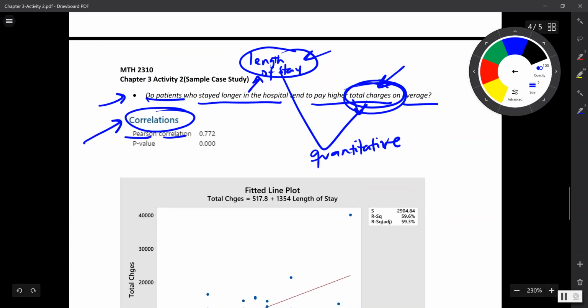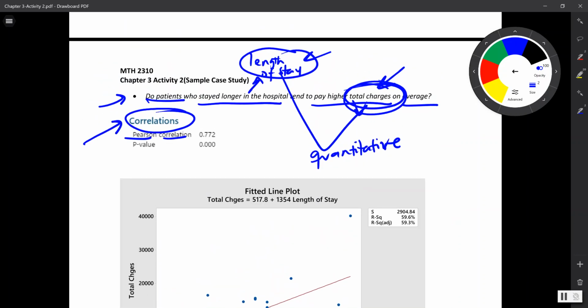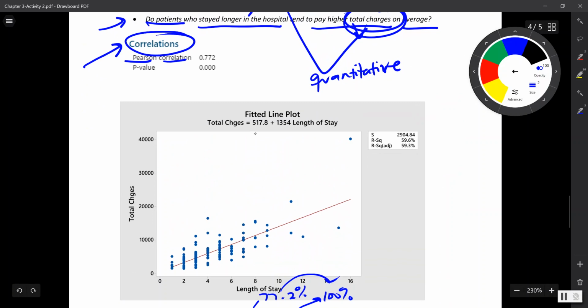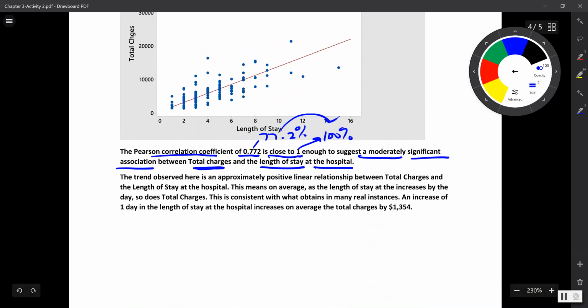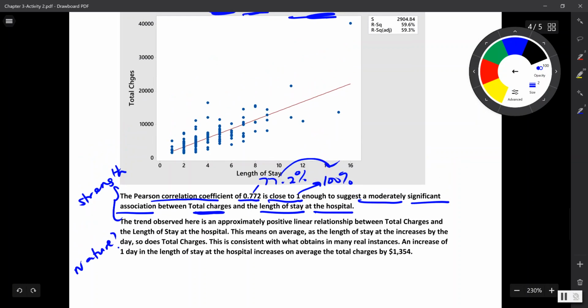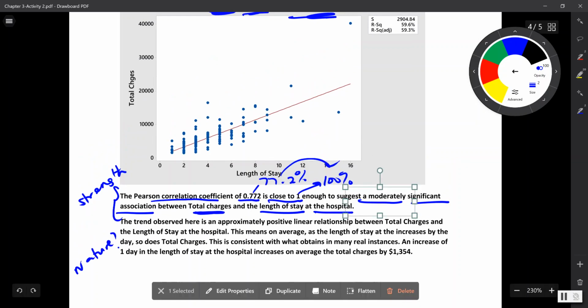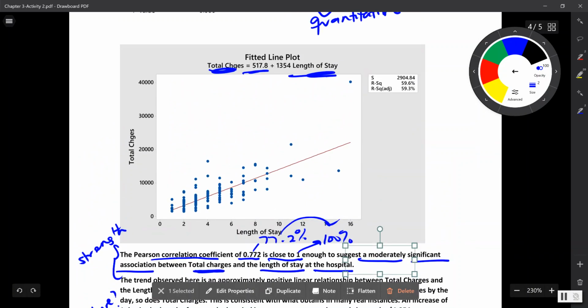Another question we would like to answer is the kind of relationship between total charges and length of stay. The Pearson correlation coefficient only talks about the strength of the relationship. What it leaves out is the nature of the relationship. First of all, what we observe is there are other tools that can be used.